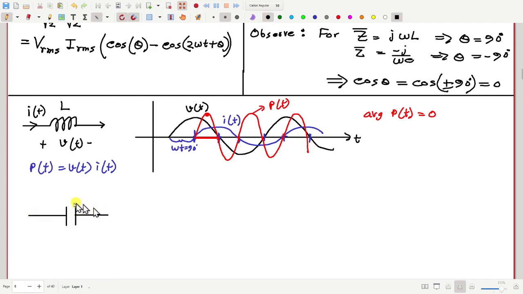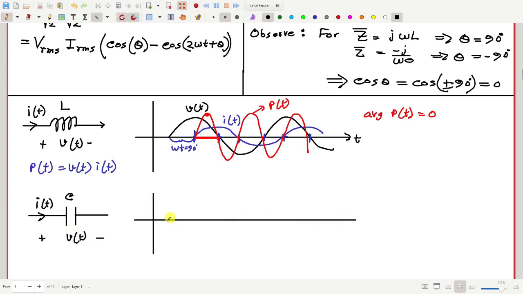Consider a capacitor, capacitance C, current I, and voltage V(t). If we draw the graphs, if this is the voltage, how will the current graph be? It will be leading the voltage by 90 degrees, so it will be like this.